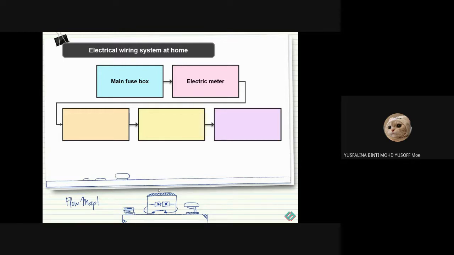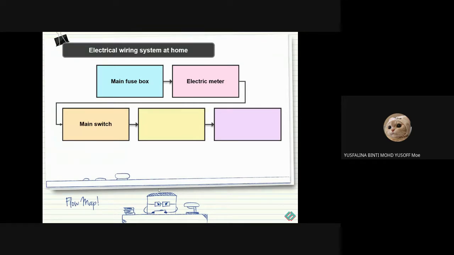Then you have the electric meter. This is where you read what your bill is for this month. Then you have the main switch.